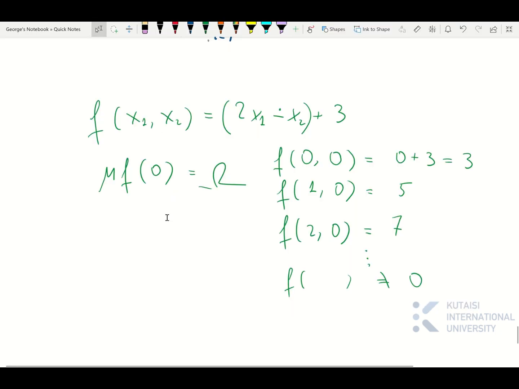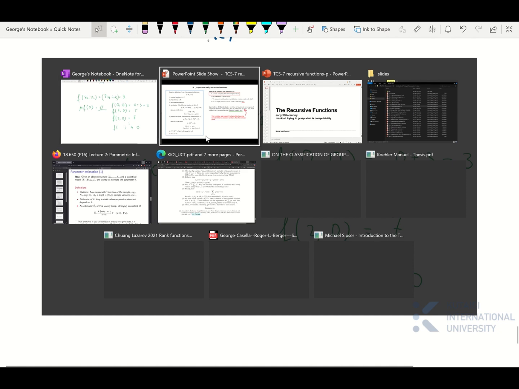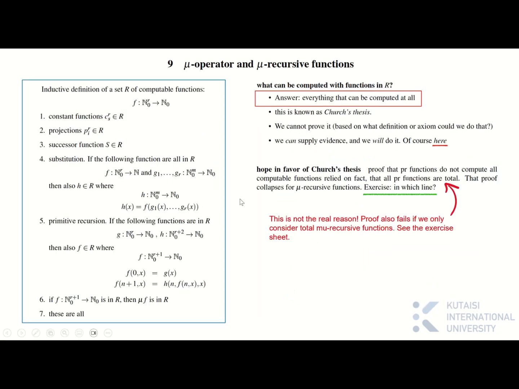So I ban the partial ones and only consider mu-recursive functions which are defined everywhere. Even for them, the proof fails. You cannot prove that there exists a total computable function which is not mu-recursive. The same proof will not work. And to actually find out where it does not work is a rabbit hole, and it's a very useful rabbit hole to go down.